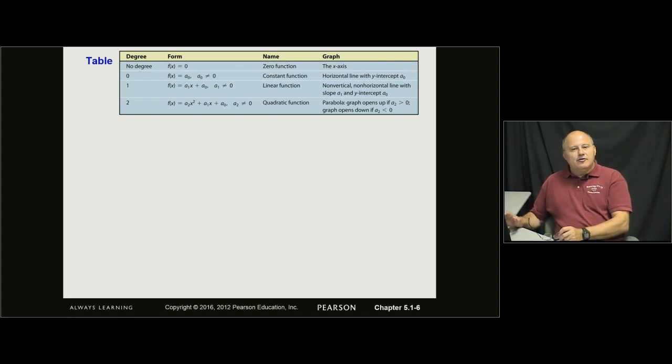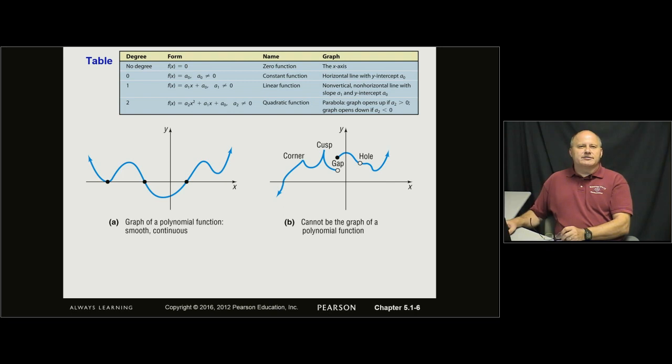They gave you these because they know you've talked about these already: the linear function, the quadratic function, and when the degree is 0, that was the horizontal line, also in chapter 2.3. They wanted to show you what this would look like in this context. Okay? So, all right, let's look at these graphs.